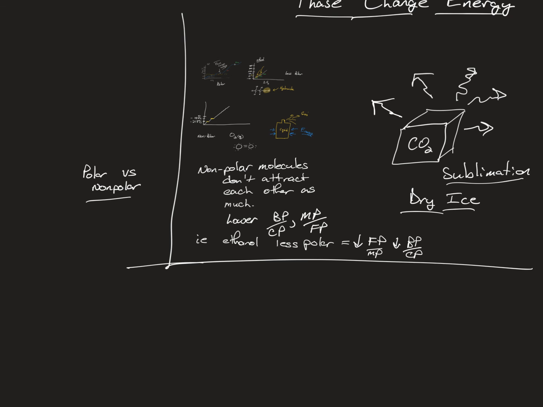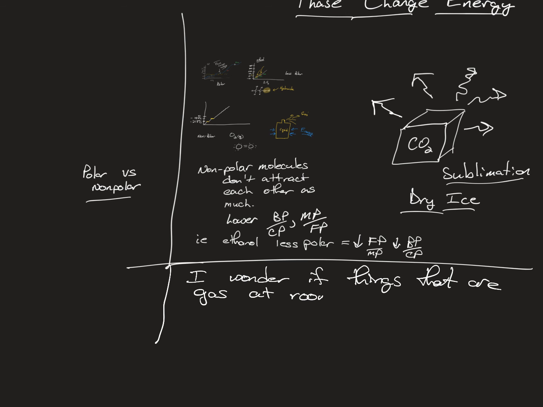Anything else that we could have gotten out of this? Something that can be a summary or a question you might want to write as your summary. I wonder if things that are gas at room temperature and pressure, because we have to concern ourselves with pressure, right?